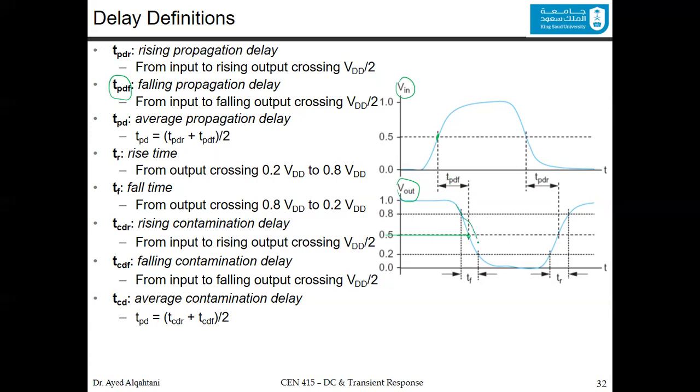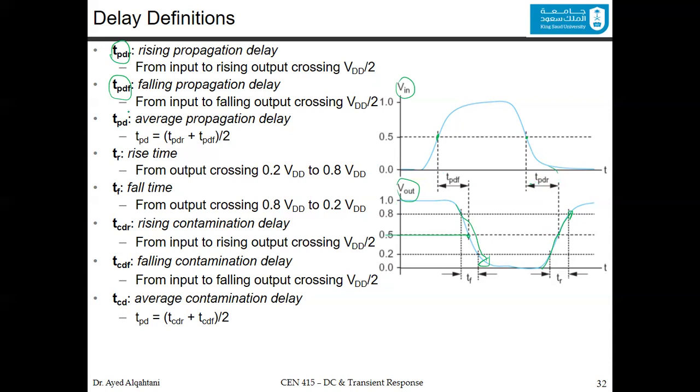The output is the one that is falling and is the one that we are interested in when we find the delay. This is why we call it fall. Similarly here, this is 50% in the input, 50% in the output, and the rising of the output happens with this delay, the rising propagation delay of the output. As indicated again here in these sentences, this is exactly what we described.